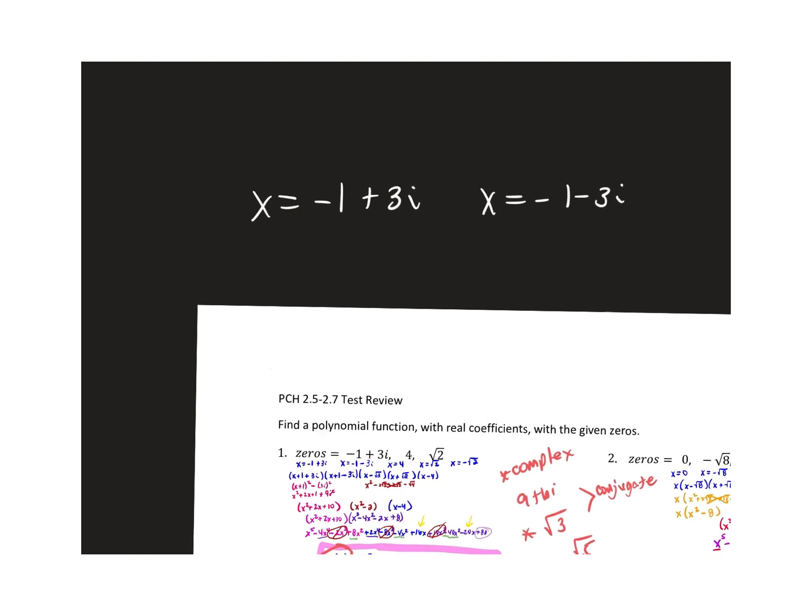So when you take this root that is negative and you move it to the other side, it becomes what? Positive. So you have x plus a negative, so it's going to be x plus 1, and then when I distribute the plus, it's 3i, correct?